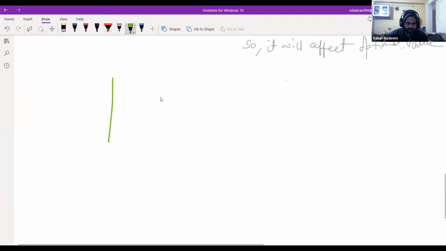This is a beach. This is the place on the island. And this is a beach. Lulu is somewhere here. Now the situation is that Lulu will go till here.